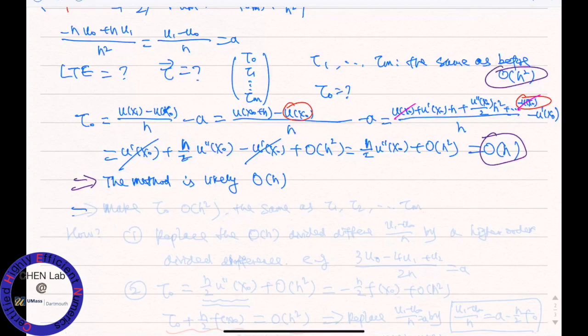What this means is that one way to fix that is to make tau 0 order h squared, the same as tau 1, tau 2 to tau m. Okay, but how?